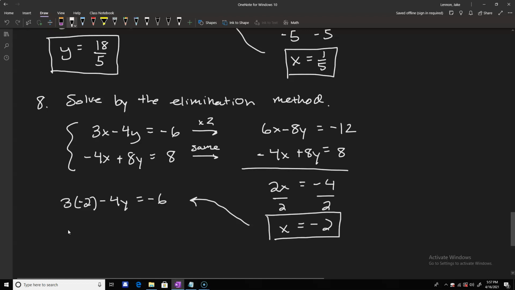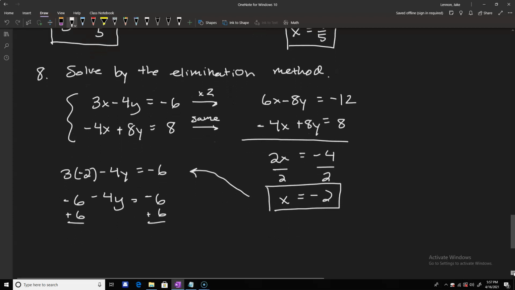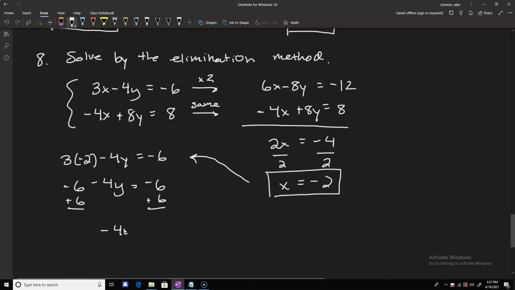So I get negative 6 minus 4y equals minus 6. So I add 6 to both sides. So I end up with minus 4y equals 0, which means you divide by negative 4, and y is equal to 0. So that's our y coordinate.